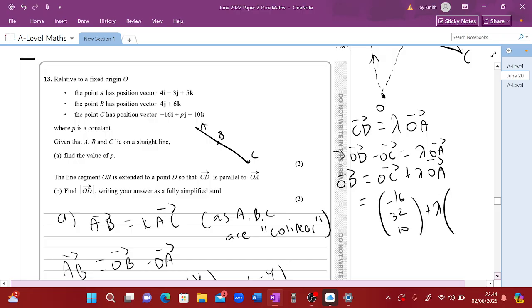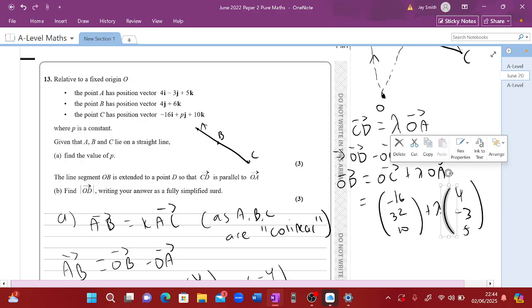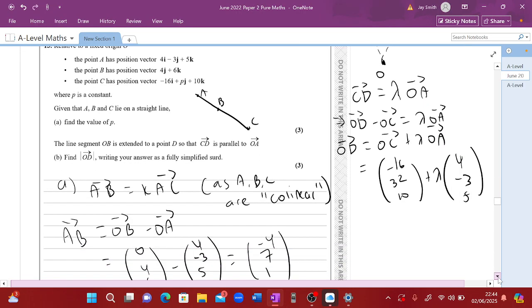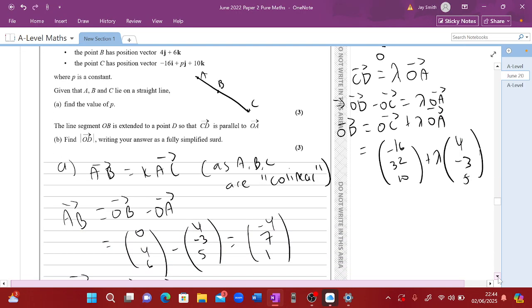Add lambda lots of, we don't know lambda yet, it's just a scalar multiple of OA, which is 4, minus 3, and 5. And we can bring that together. Minus 16 add 4 lambda, 32 minus 3 lambda, and 10 add 5 lambda.